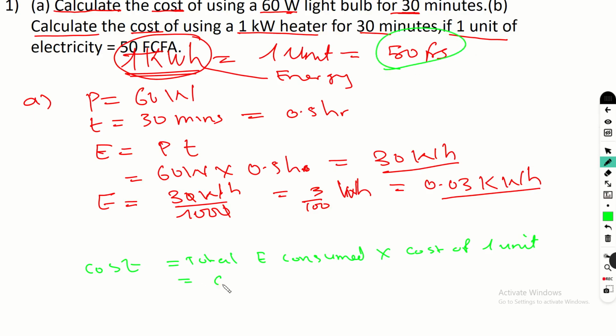So we have 0.03 kilowatt hour times 50 francs, which gives you a response of 1.5 francs. So 1.5 francs is the cost in that case.